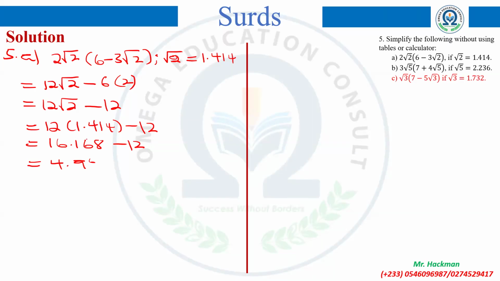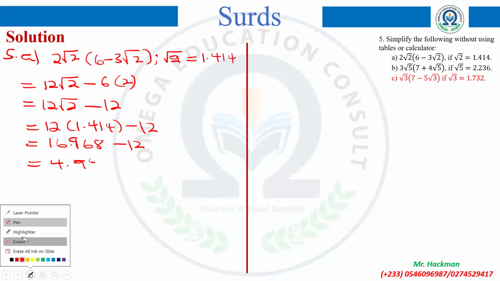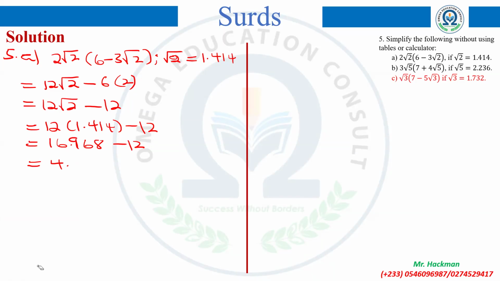Is that it? Yes, please. So your answer will be 4.968. You could have drawn your conclusion here.